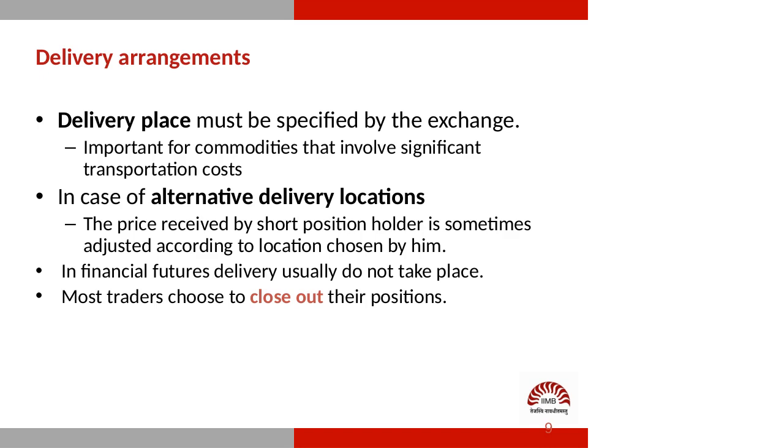For example, if I'm an oil buyer in New York and you give me oil somewhere in Malaysia, the transportation cost becomes huge, as compared to somebody who gets oil from, let's say, the United States itself. So to offset that, there will be price adjustments.